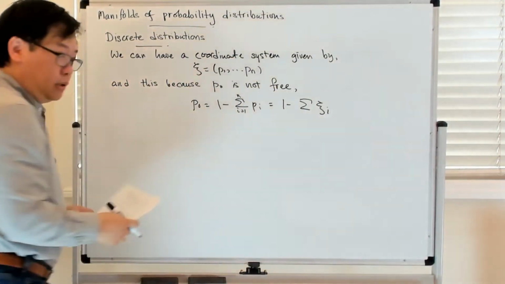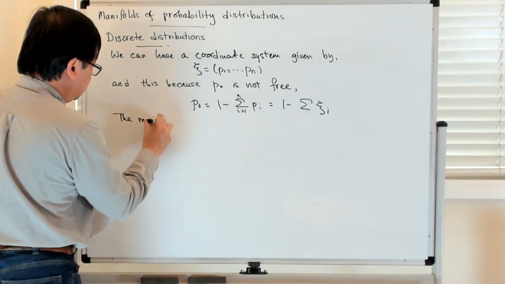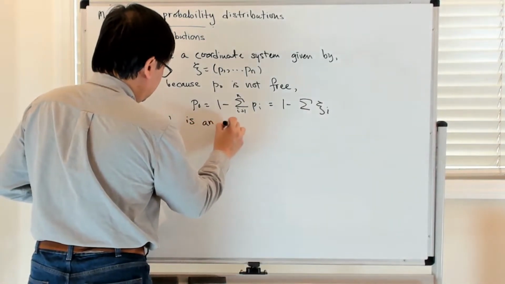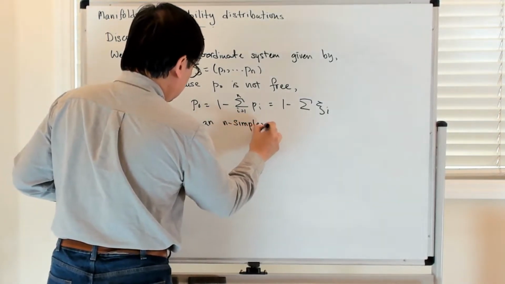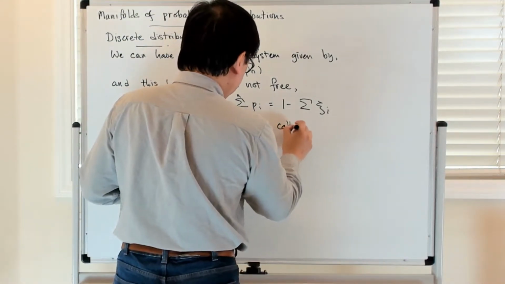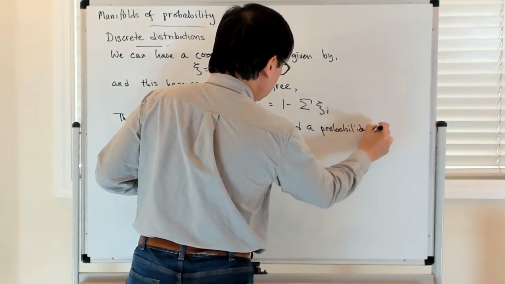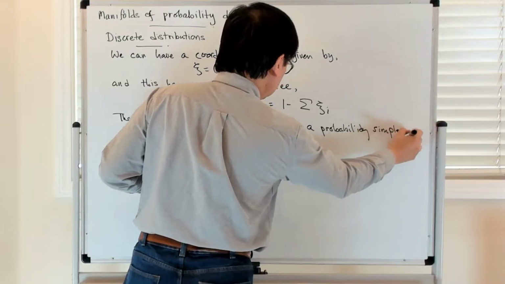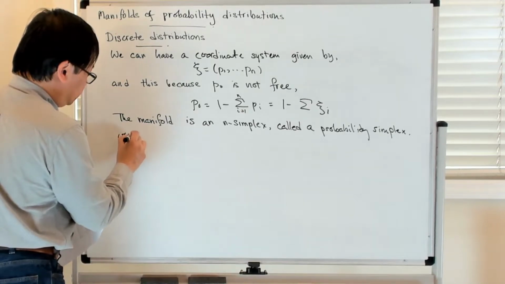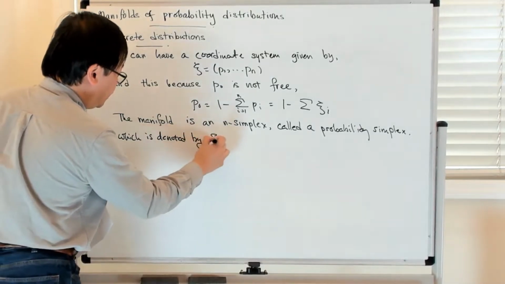All right. So what does this manifold look like? The manifold in question is an n-simplex called a probability simplex, which is denoted by S_n.